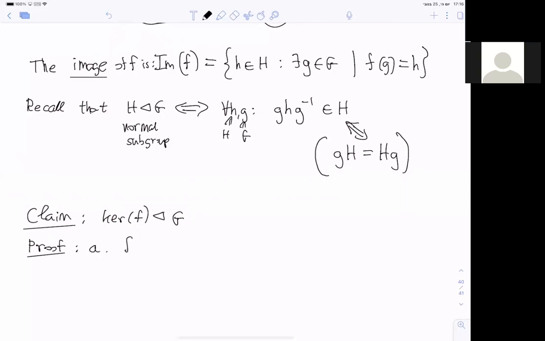Of course, f of e_G equals e_H, so e_G belongs to the kernel.